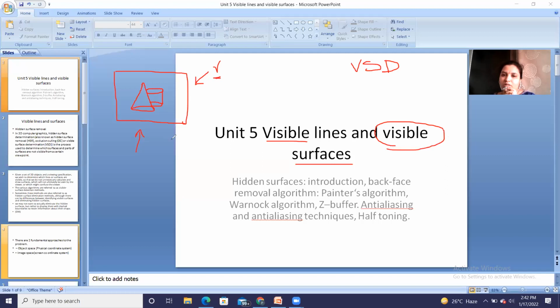I have to concentrate on the lines and surfaces which are visible with respect to the viewer. ज्या साइडला व्ह्यूअर आहे त्याप्रमाणे तुम्हाला विजिबल लाईन्स आणि विजिबल सर्फेसेस हे चेंज होणार आहेत. बरोबर आहे. म्हणूनच सो in order to show the hidden portion, what we are doing, we are showing it in a dotted line or we are simply discarding them.